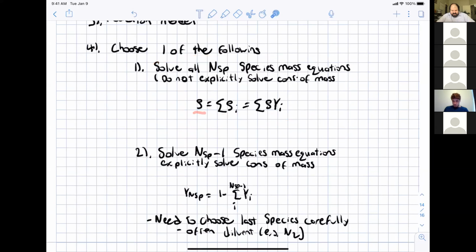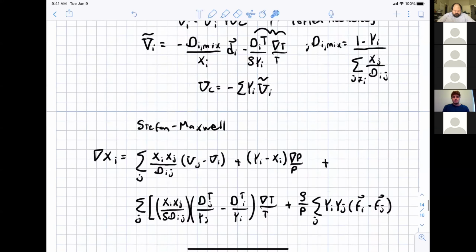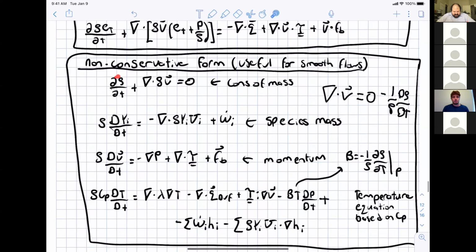If you want the total density, you just sum all these up, and you do not explicitly solve conservation of mass. Option door number 2 is to solve all but one species mass equation and explicitly solve conservation of mass. There you know the density directly, and you'd know the mass fractions directly.